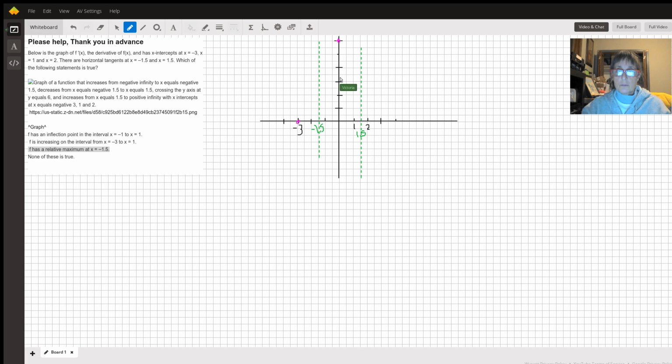Let's go 2 at a time. Let's make this 6. Okay, so 2, 4, 6. We know that it crosses the y-axis at 6, and x-intercepts at -3, 1, and 2.